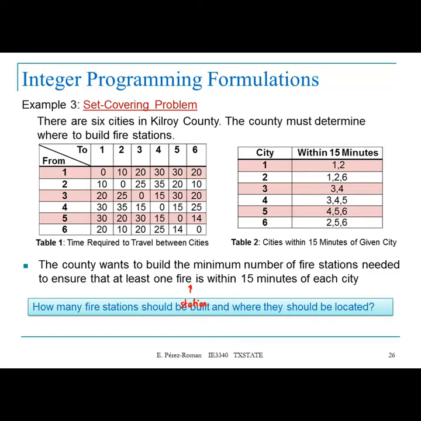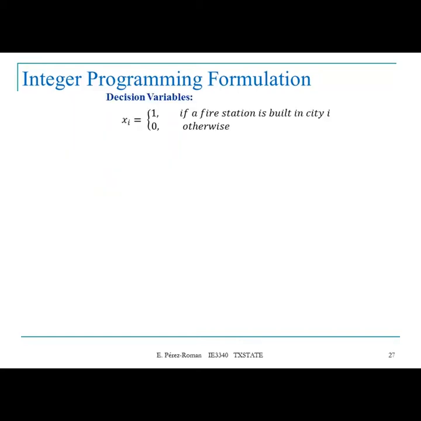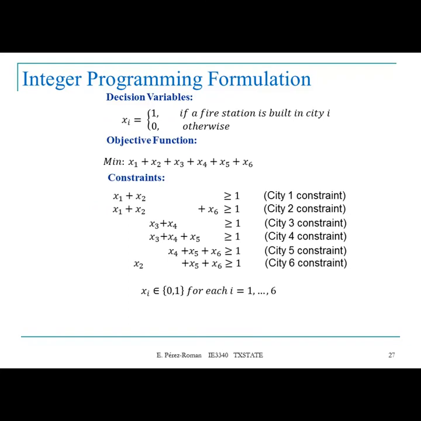You want to cover all the cities. You know the cities that can be reached in less than 15 minutes from each city, and you want at least one fire station to reach each of these cities. So if you go here, X1 and X2 are the ones that can reach city number 1.